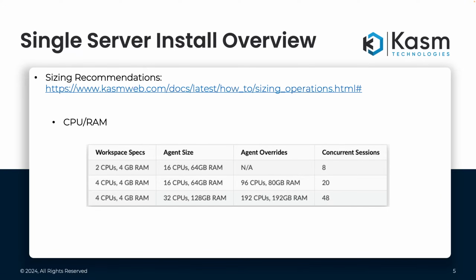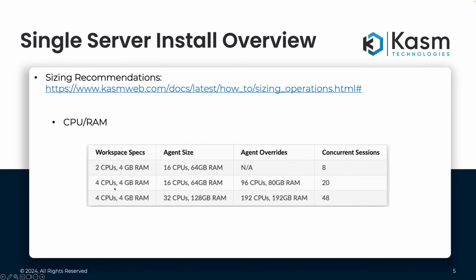Working our way from left to right, if the agent size is built out at 16 CPUs and 64 gigabytes of RAM, and we don't provide any override settings, then Chasm will treat this in a 1-to-1 ratio. In this configuration, our limiting factor is CPU, so we could get a max of 8 concurrent sessions. 8 times 2 gets 16 CPUs.